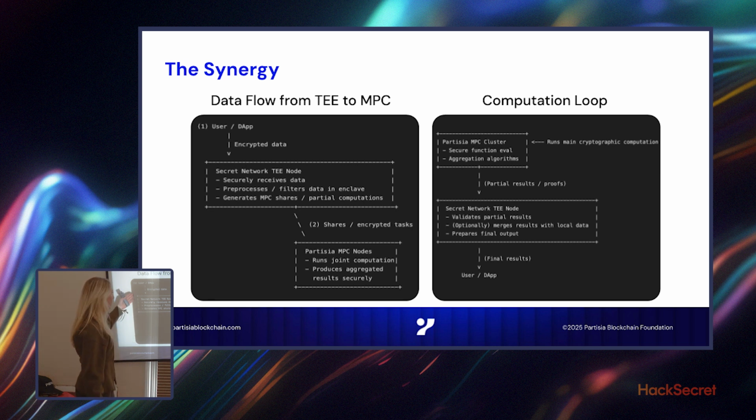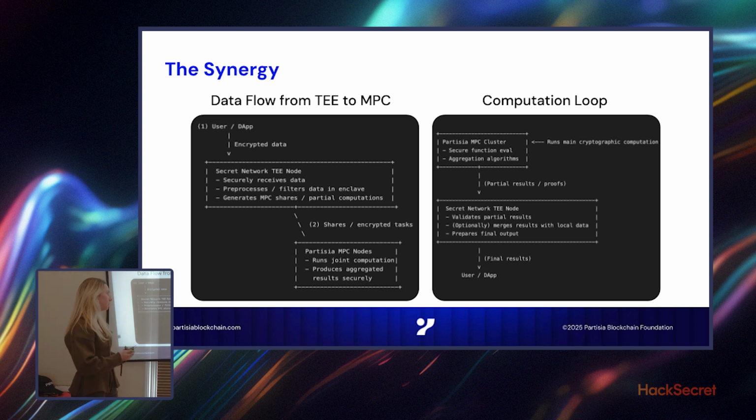They have this little UI and each one of them needs to send encrypted data, let's say X-rays of tumors of a lot of different people. Obviously this is pretty sensitive data. So you would connect that to a Secret Network TEE node, and the node would receive the data in a secure manner.